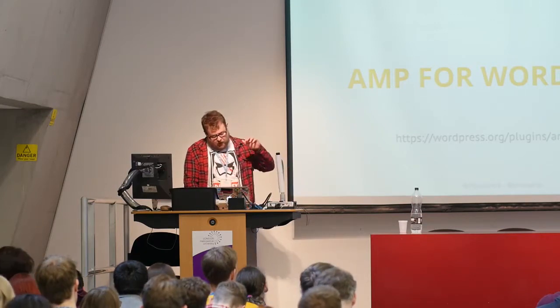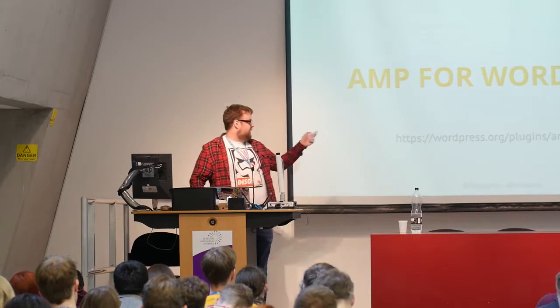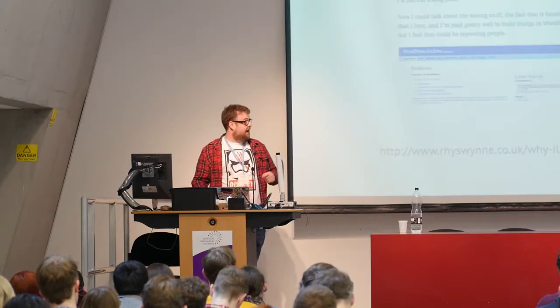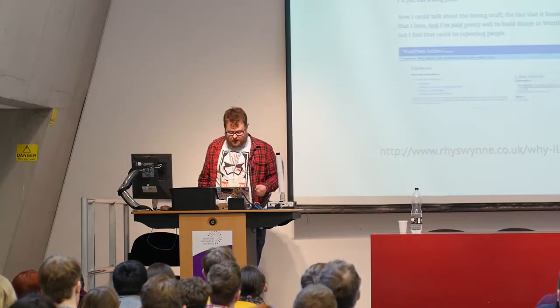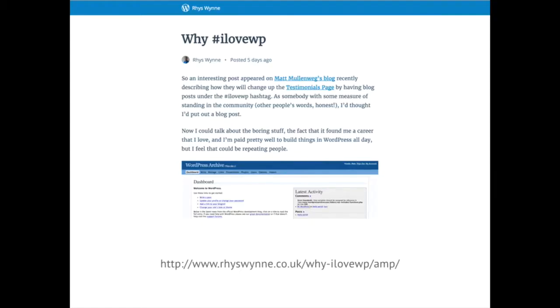So what you do is you install this plugin, and you go to any page on your site with /AMP. And it produces a very, very simple page with little styling and almost no scripts. And it is very quick.